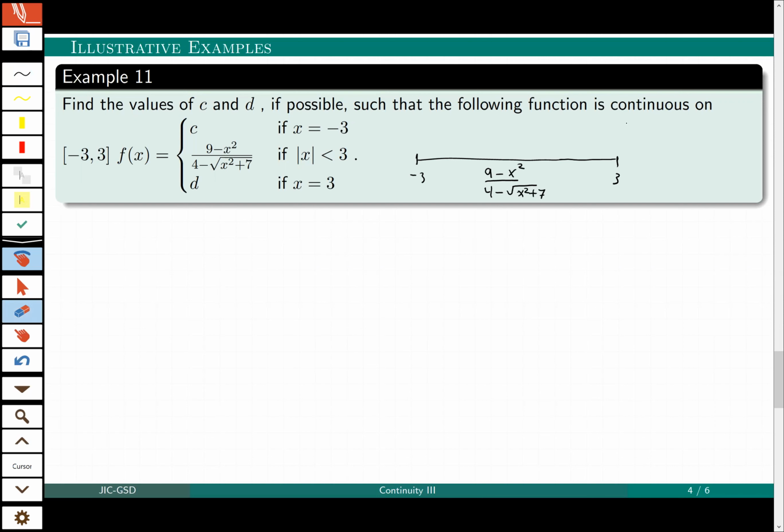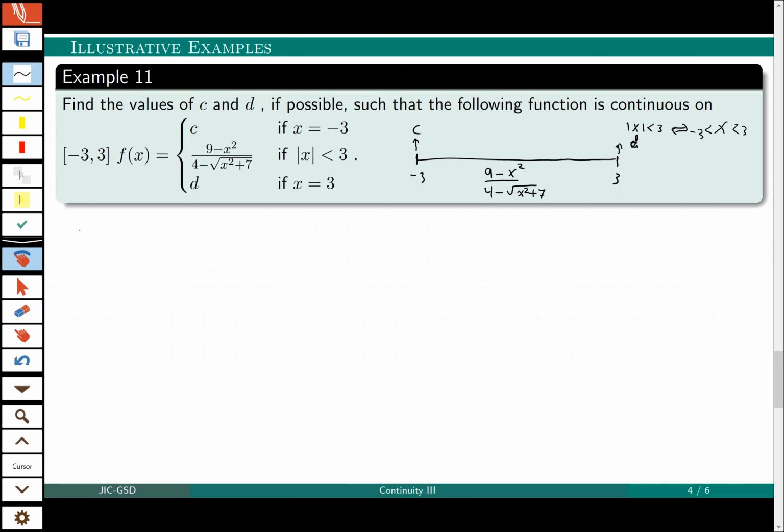The reason we say the absolute value of x less than 3 is that this is equivalent to saying x is between minus 3 and 3. At minus 3, the value is C. At 3, the value is D.